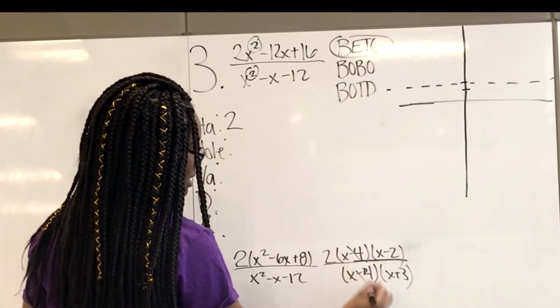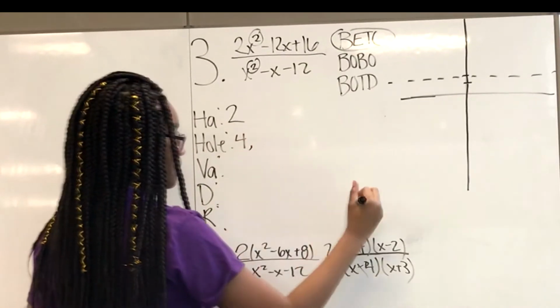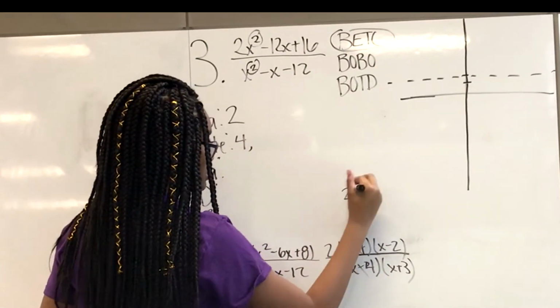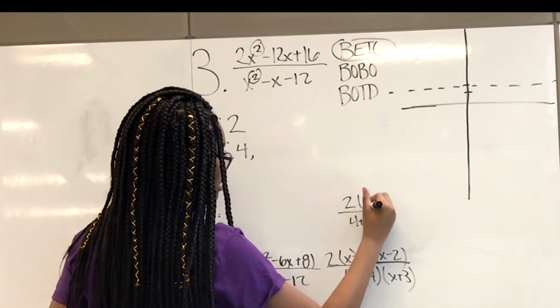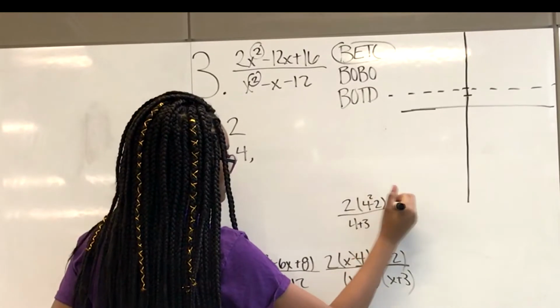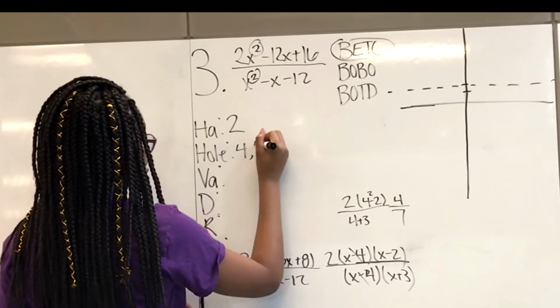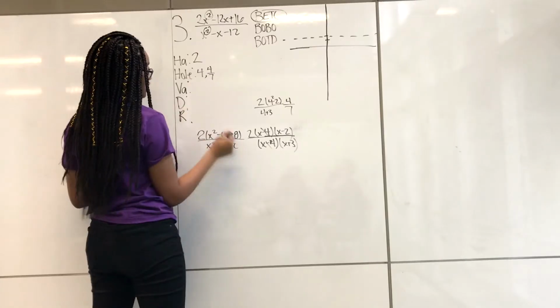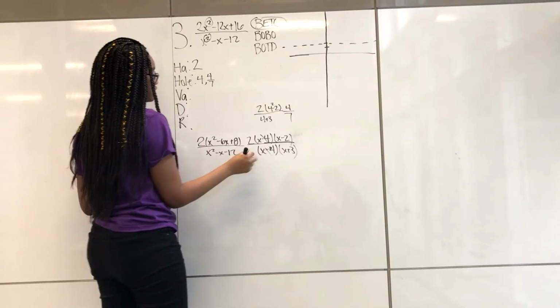Now these two cancel out. So there's a positive 4 for the x value. And we go plug it in. Make sure you keep that 2. So 4 minus 2 and 4 plus 3. So 2 times 2, that's 4 over 7. So that's 4 over 7. And then set the bottom equal to 0. x plus 3 equals 0.